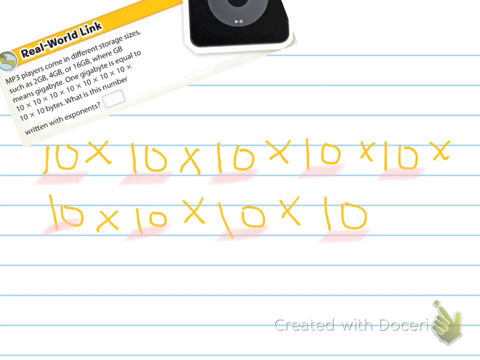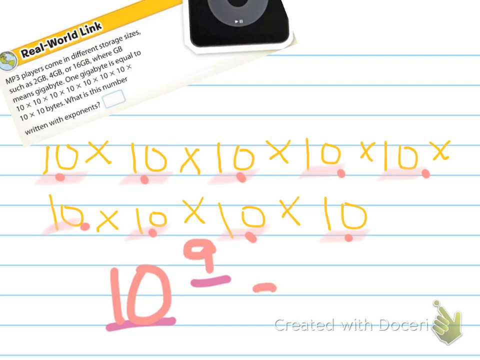Because we always need our base, and then our exponent. So our base would be 10, because that's the number that's being multiplied. And how many times is it being multiplied? If you count how many times it's being multiplied, we raise it to that power. So this is 10 to the 9th power. Notice how I've got my 10 down here, and my 9 is written as a superscript up high.